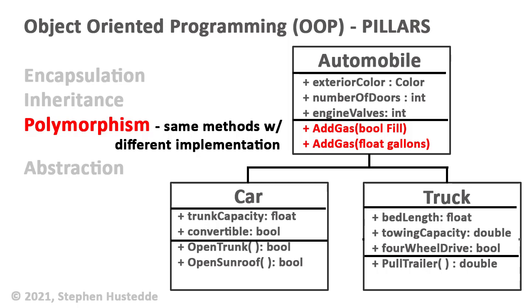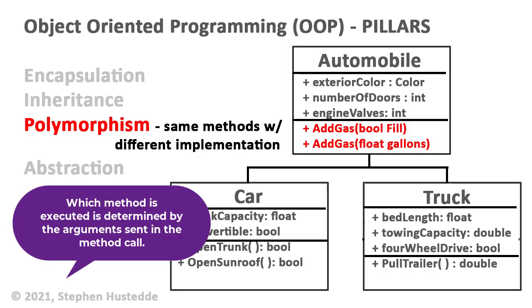The methods are called the same thing, but one takes a Boolean value, and that Boolean value tells the car to be filled with gas. In that case, what happens in that method is it might determine how large the tank is, how much gas there currently is, and add the appropriate number of gallons to the tank to fill it. Whereas in the other add gas, we're specifying the number of gallons to add to the tank, and that's a float value. The two methods behave a little bit differently, but they're named the same.